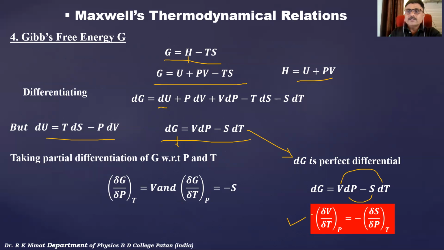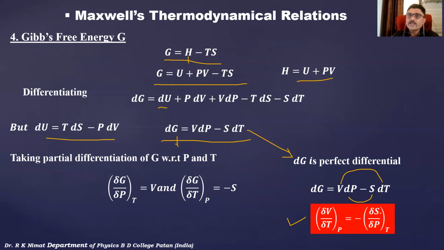Now, these are the four thermodynamic equations, and one can give the significance of each. For example, consider this fourth thermodynamic equation, which indicates that the variation of volume with respect to temperature at constant pressure is equal to the negative variation of entropy with respect to pressure at constant temperature.